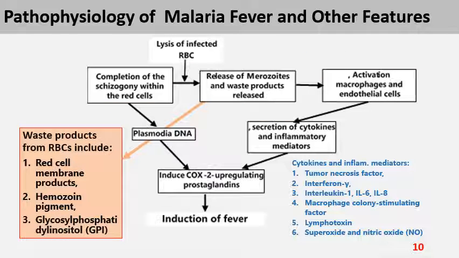Some of these products include cell membrane components, hemozoin pigments, and other harmful factors, such as glycosyl phosphatidyl inositol, otherwise known as GPI.